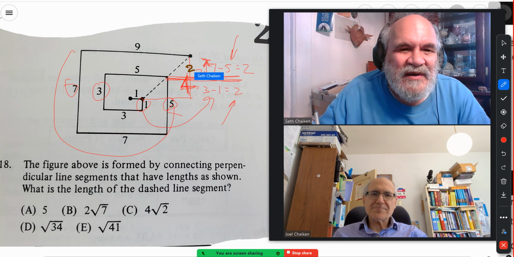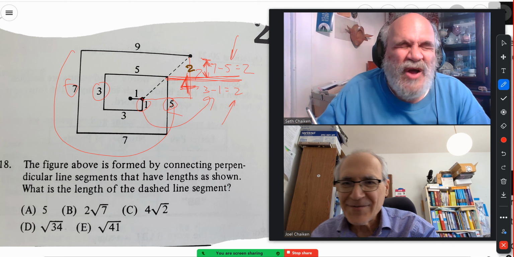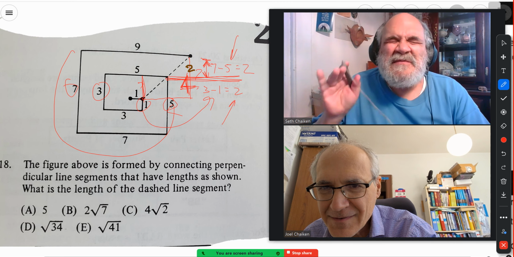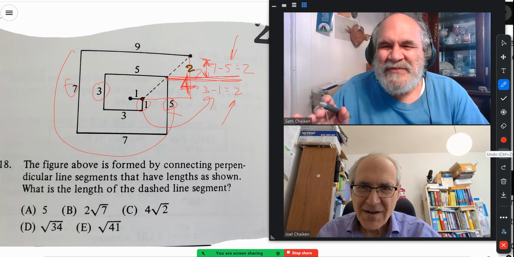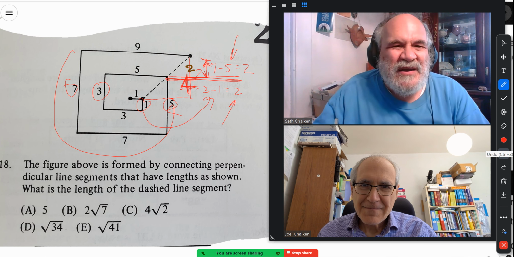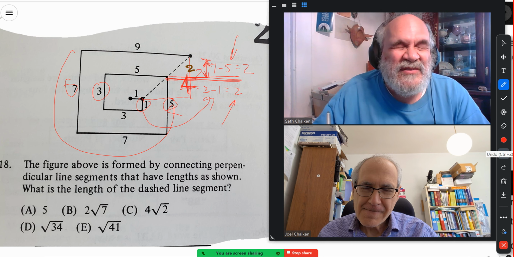Right. Now, what about this segment? It's 3 minus 1. How do you know that's 2? You did that already, Seth, you yourself. No. Given the start, we're starting with the figure only. I agree that if you draw, what you did was you extended this line horizontally.